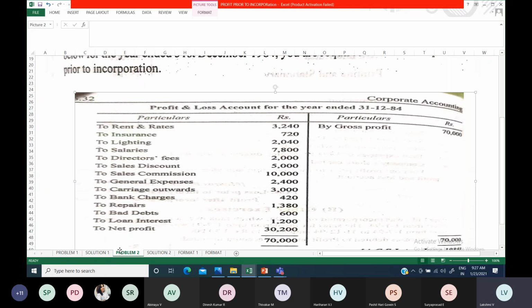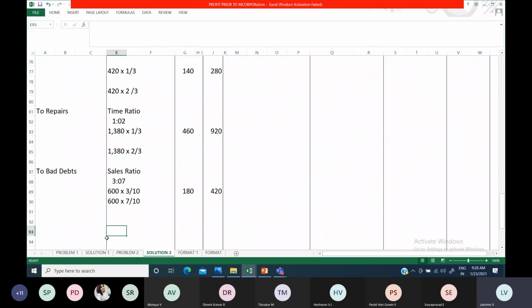Okay. So moving on to the next part. Interest on loan, 1,200 rupees. So this is again a time ratio only. Interest on loan, bank charges, salaries, printing, stationery, postage, stamps, rent, depreciation, everything is time ratio only. Only if sales is affected will you do it on the basis of sales ratio. So interest on loan, if you see, 1,200. Loan interest, time ratio.